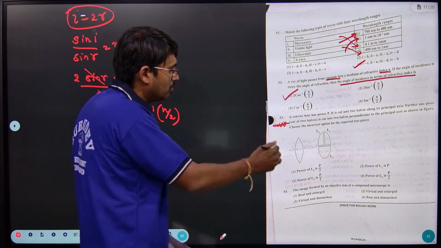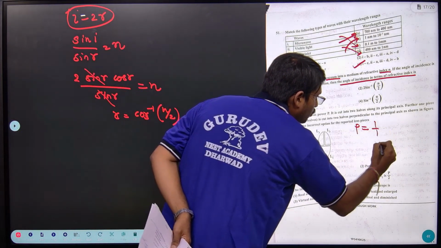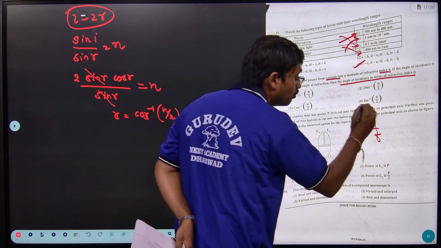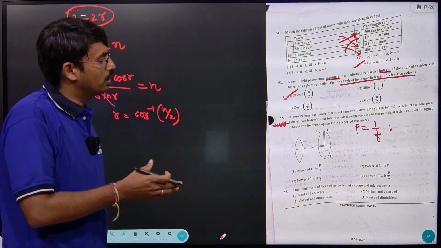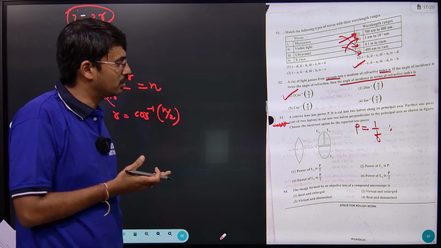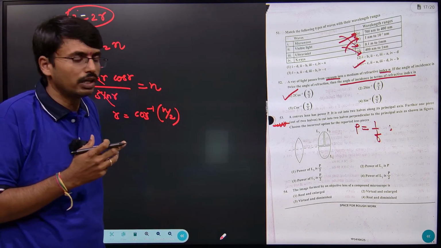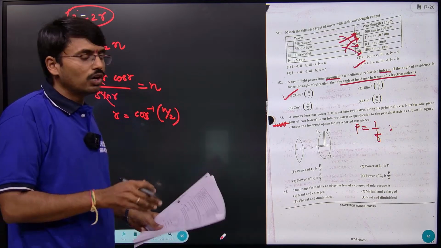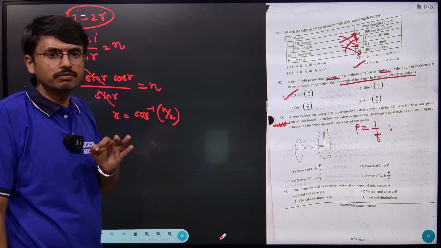Whenever we have power, what's the equation for the power? Generally we write P equals 1 upon the focal length. We write an equation for the focal length using the lens maker's formula, that is 1 by f equals n minus 1 into 1 by r1 minus 1 by r2. That means focal length basically depends on the radius of curvature.